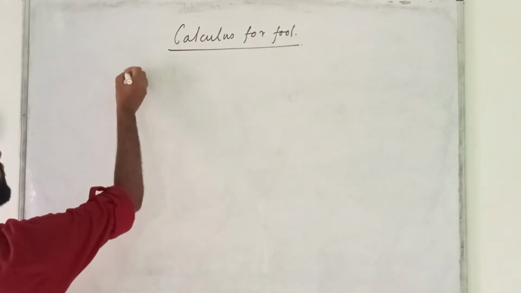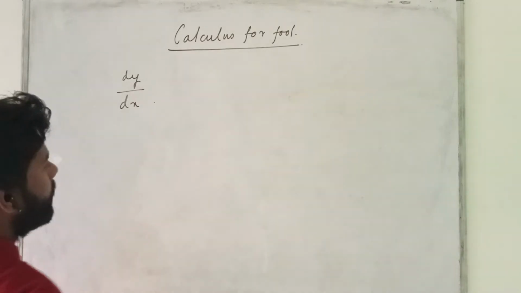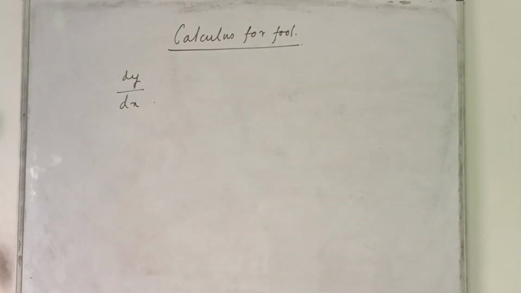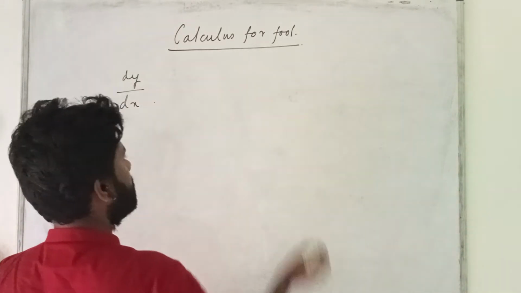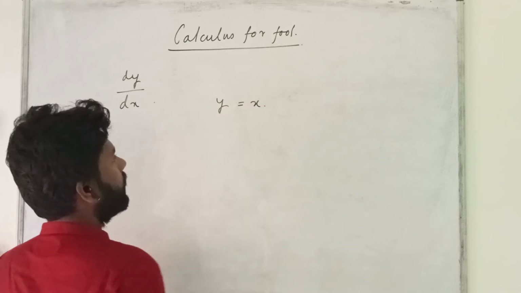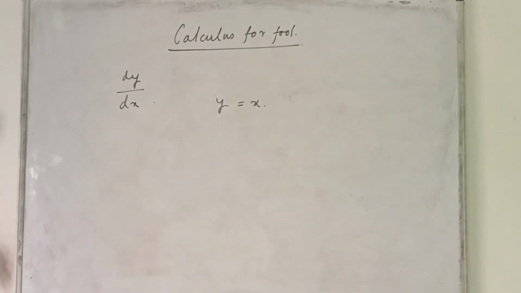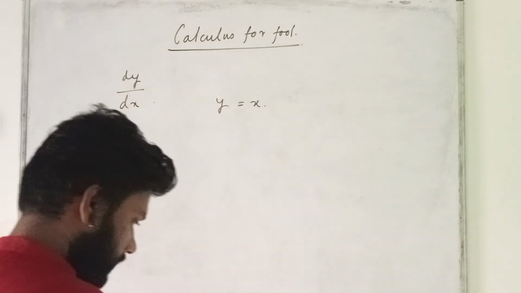It is dy by dx. Okay. Now, so let's proceed. The very simple relationship. Let y equal x, right? Y equals x, and I want to calculate from here dy by dx.